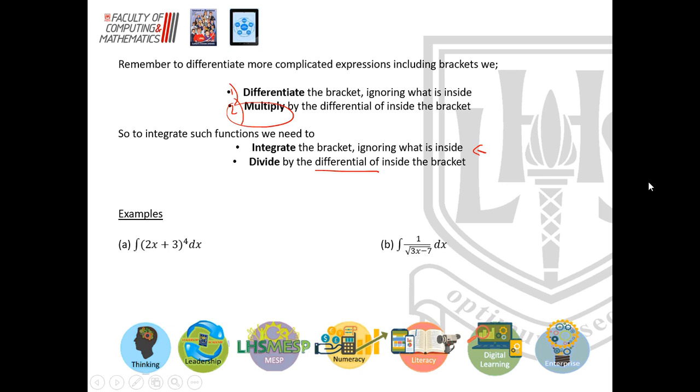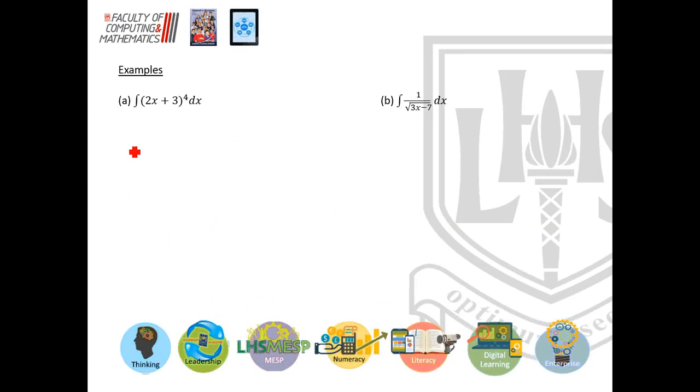So two things we need to do to integrate when you have something of this form: integrate the bracket, ignoring what's inside, and then divide by the differential of what's inside the bracket. Two examples here. I'm going to go into a different slide to give myself more room. Firstly, we ignore what's inside the bracket and integrate. That 4 is going to become a 5, and then you're dividing by your new power, just like you would integrate normally.